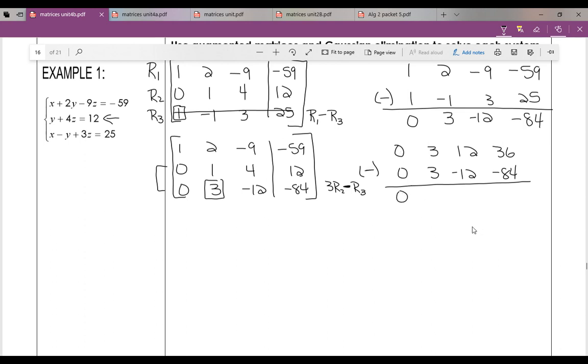You do not want to lose that 0. 3 minus 3 becomes 0. 12 minus negative 12 becomes 24. And 36 minus negative 84 becomes 120.